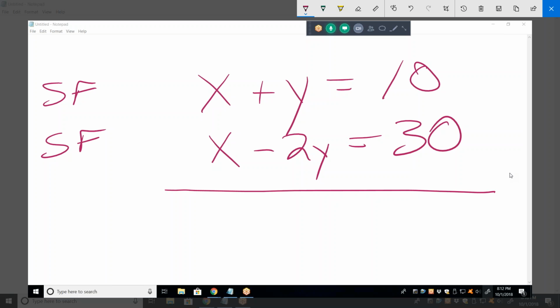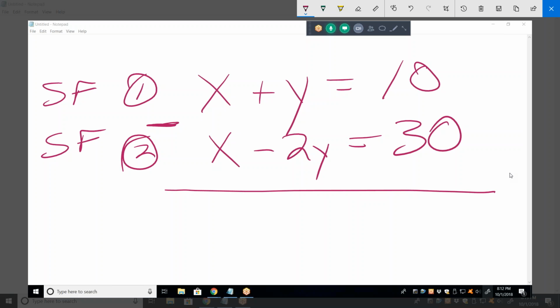That does not eliminate a variable. Remember, my goal is to eliminate. It doesn't matter if I eliminate x or y. I got to eliminate a variable. What else would do it if not addition? You're only allowed to do one other thing. Subtraction? Okay. Let's subtract equation 2 from equation 1.